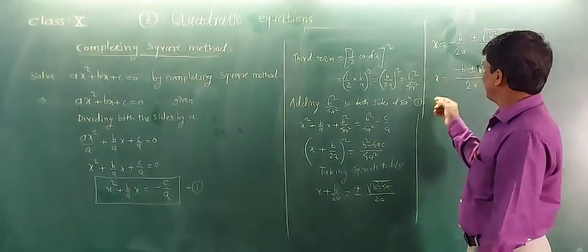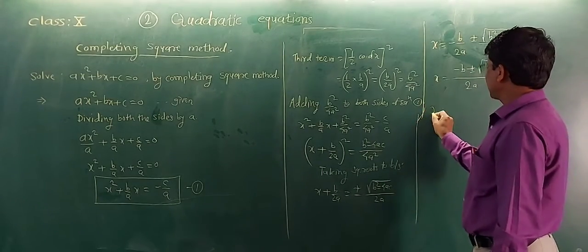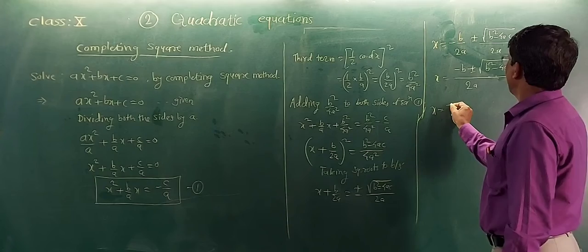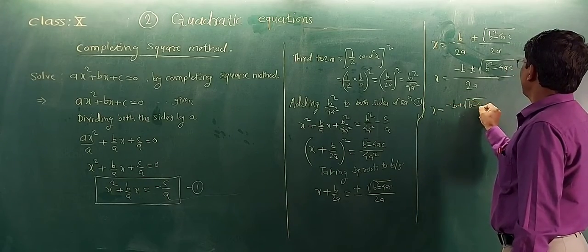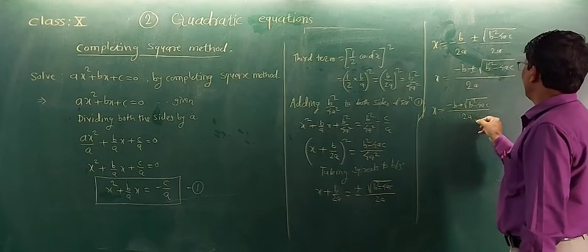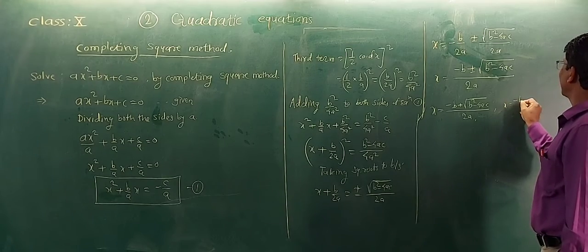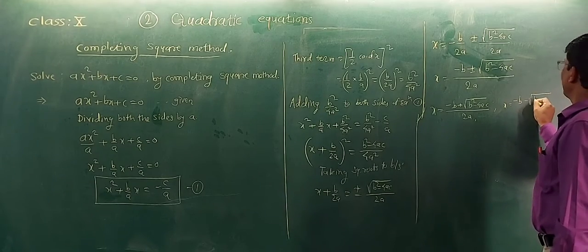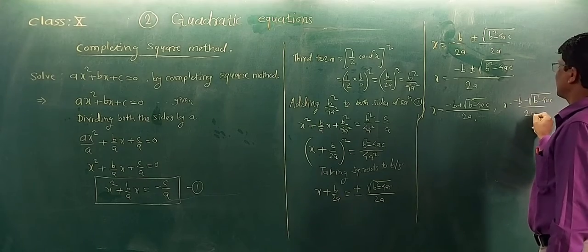Yes, there are two values, for plus and for minus. We can separate this as x equal to minus b plus under root b square minus 4ac upon twice a. This is one value, and the other value is x equal to minus b minus under root b square minus 4ac divided by twice a.